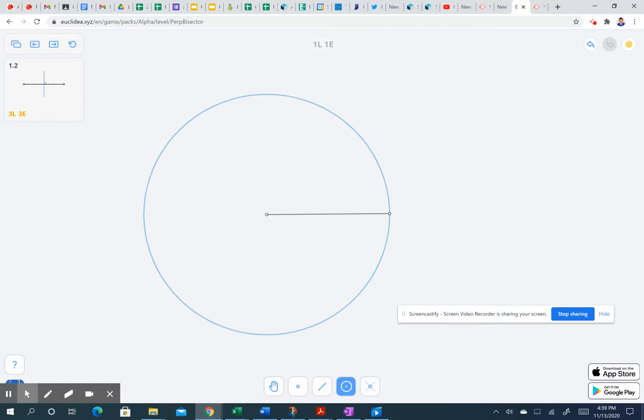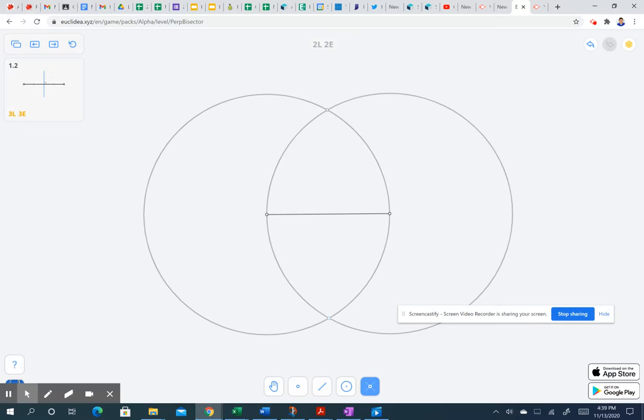That circle has a radius that is equivalent to the length of that segment. Then we do the same thing with the center at the other one, and we get another circle. That leaves us with a couple of points that are on both circles.